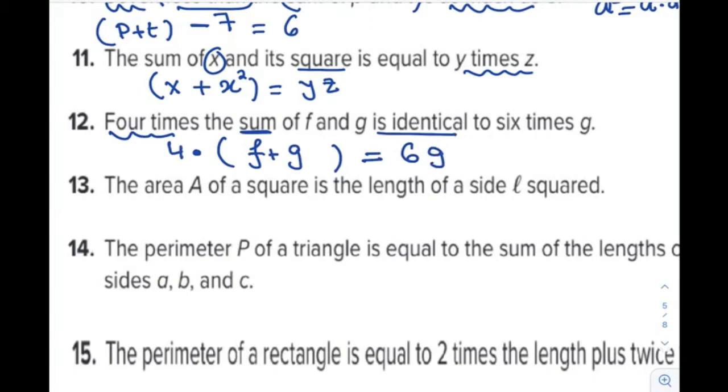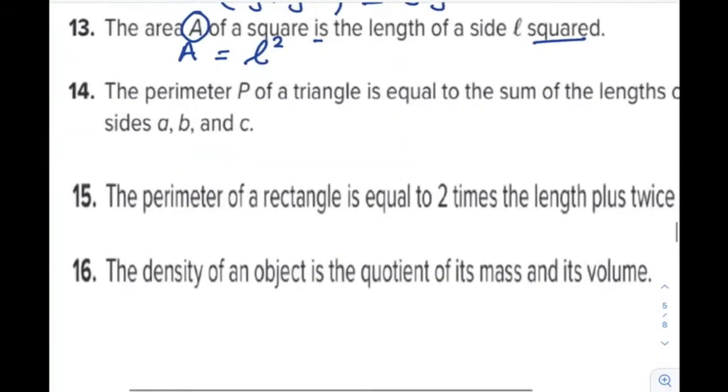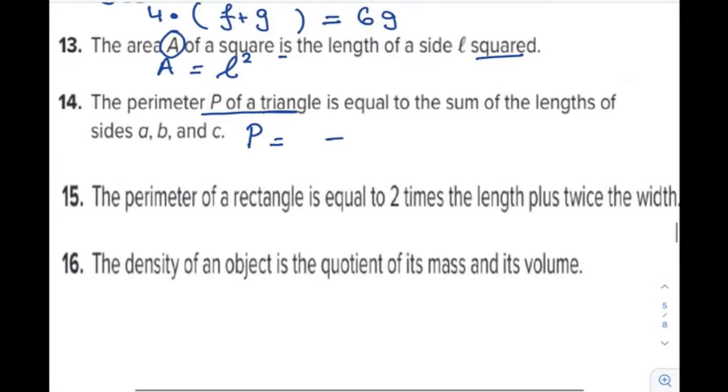Number 13, the area A of a square is the length of the square to the power 2. The perimeter P of a triangle is equal to the sum of what?